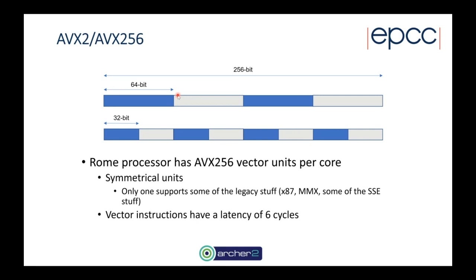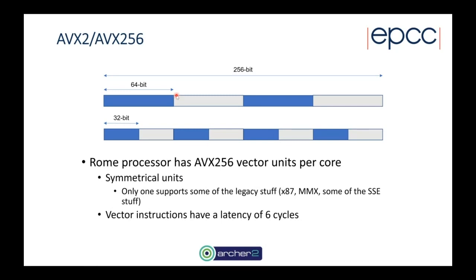So that's generally not a problem because these vector units are pipelined, which means you can start off the instruction, and then the next clock cycle you can start off another instruction, and then the next clock cycle you can start off another instruction, and you can have 6 of them at once, all going at different stages in the pipeline. Once you've filled that pipeline up from the beginning, 6 cycles in from your first vector instruction, you'll start to get results.